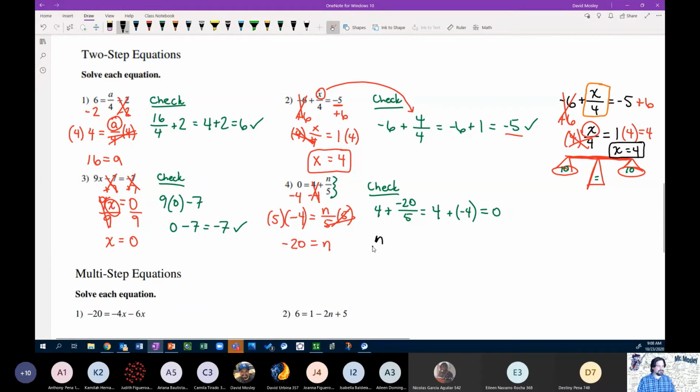If I have n over 5, and I multiply by 5, that's going to be equal to 5n divided by 5, which is also equal to 5 divided by 5 times n. 5 divided by 5 is 1, n, which we just write as n. And I needed n by itself, so multiplying by 5 accomplishes that. It makes that happen.